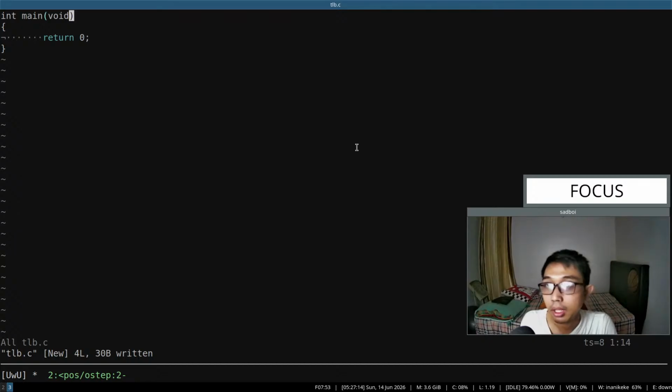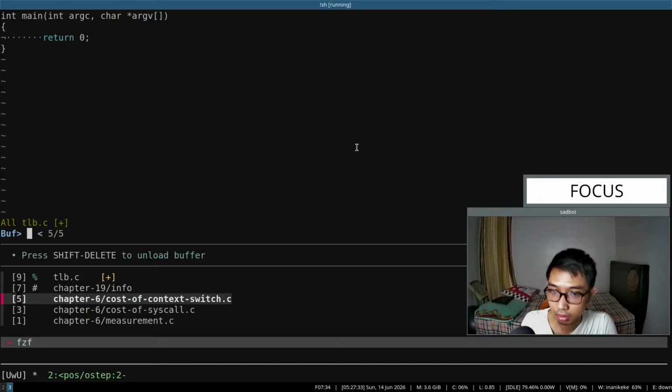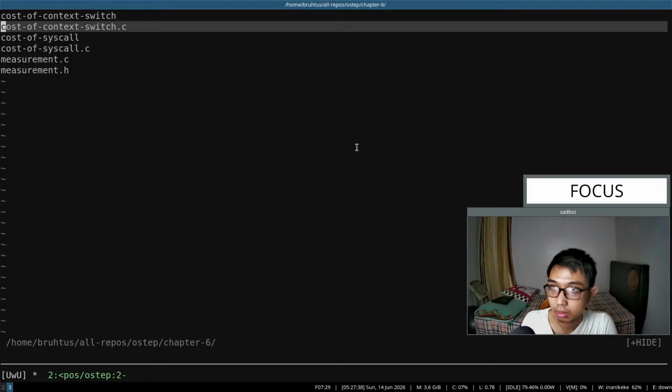So we have input here, argument count and argument vector, I guess. Something like this.